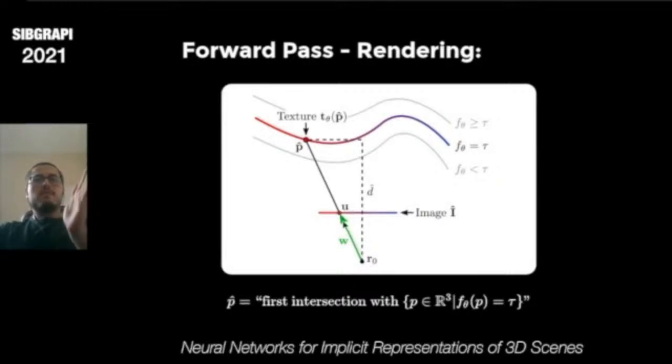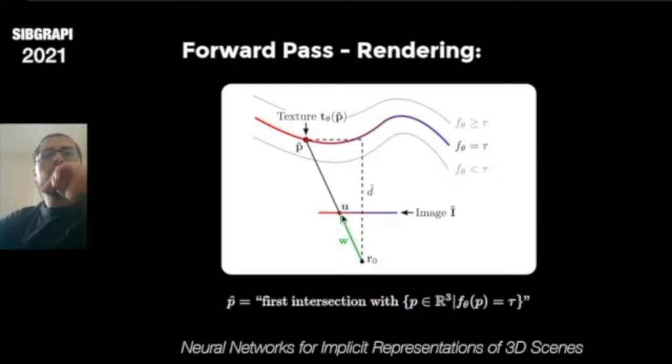What we are interested in is finding this point that intersects with the surface, right? So this is our surface from the occupancy network. This is like a threshold. You want to find this p hat, and then we're going to use the texture map on this p hat, and you will have the corresponding color for this point.